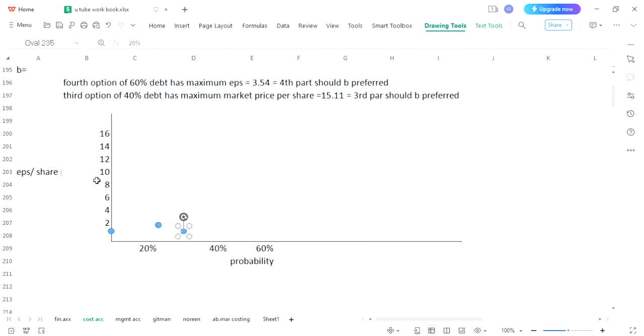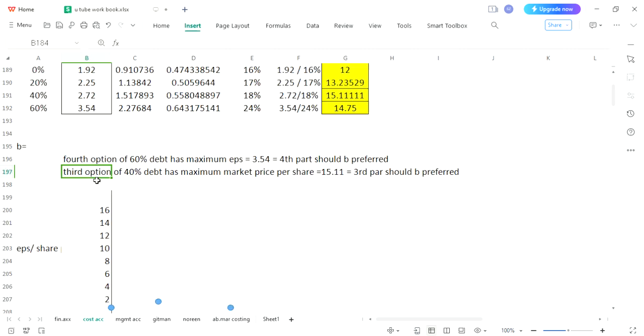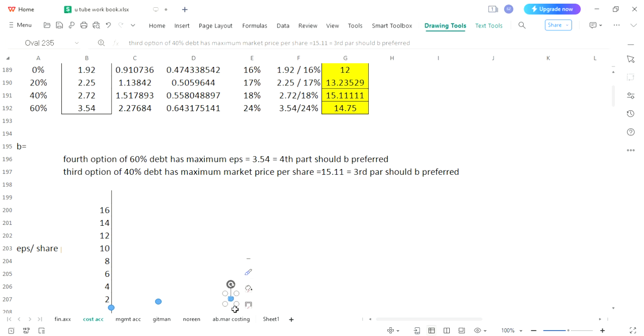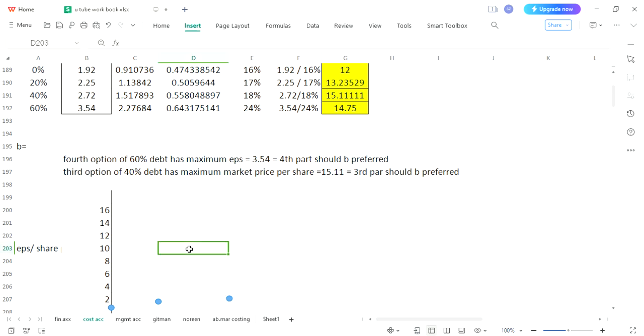Alright, so now we will put for 40%. For 40% we need 2.72. So here is our point. It would be little up. Okay, I think exactly we are at 2.72.